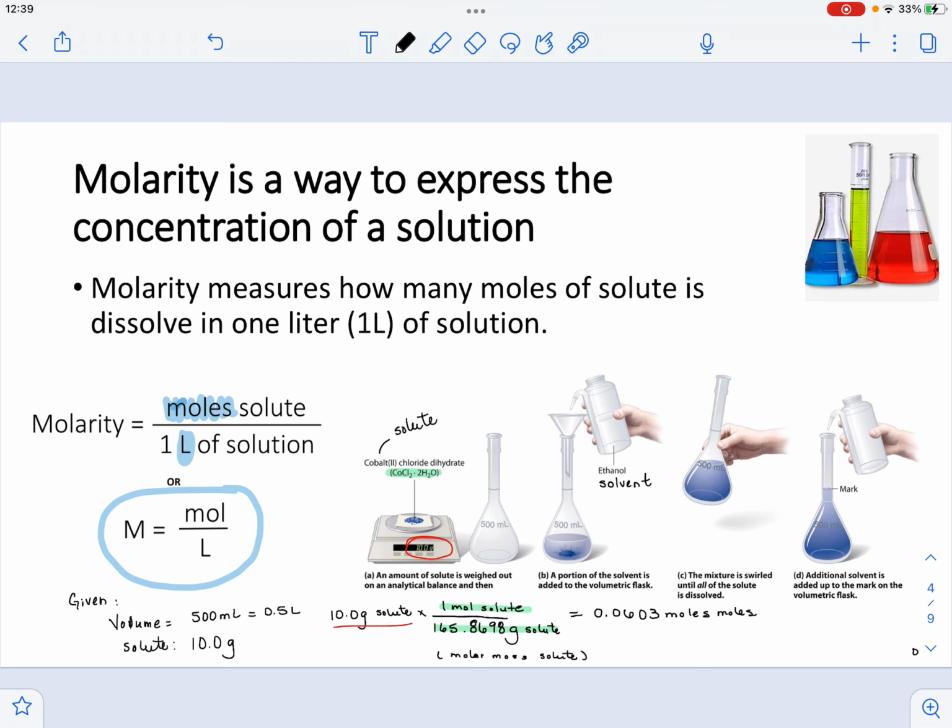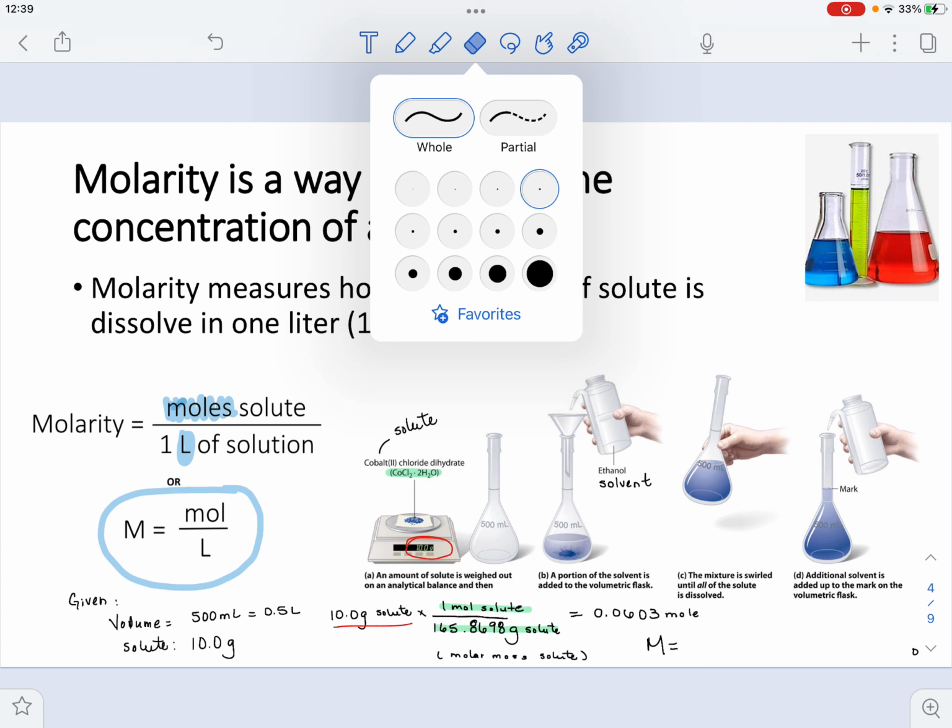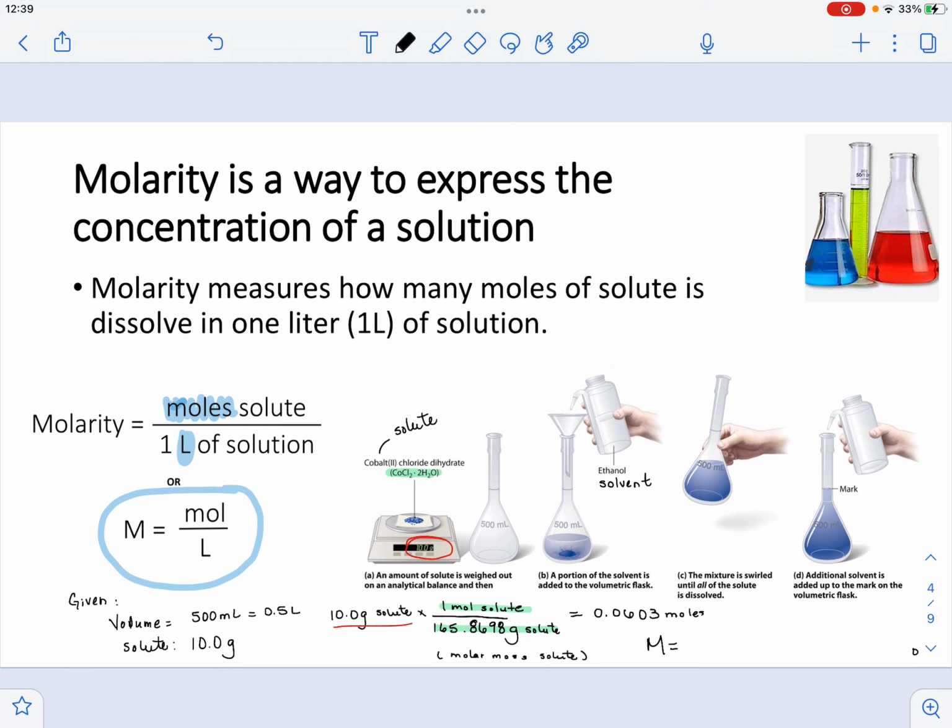So now that we have the moles of the solute and what is going to be the volume of our solution in liters, to find the molarity of this particular solution, we're going to take these moles and we divide it by the volume.